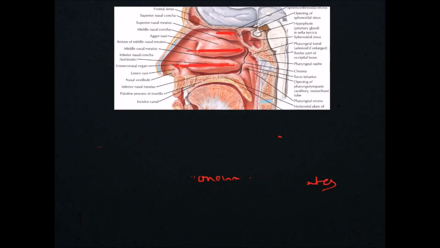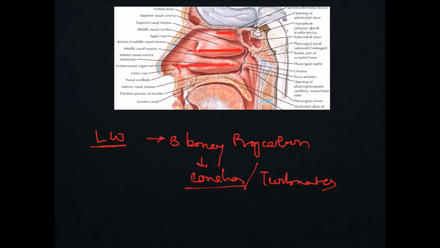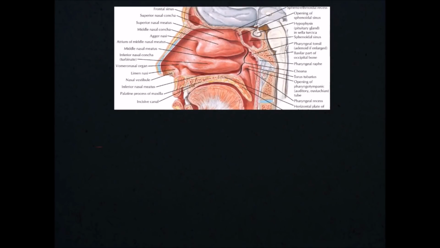From the diagram it is quite clear that the inferior turbinate extends from the anterior part to the posterior part, the whole length of the nasal cavity, from this to this. This is the inferior turbinate. Middle turbinate is present in the posterior half part.